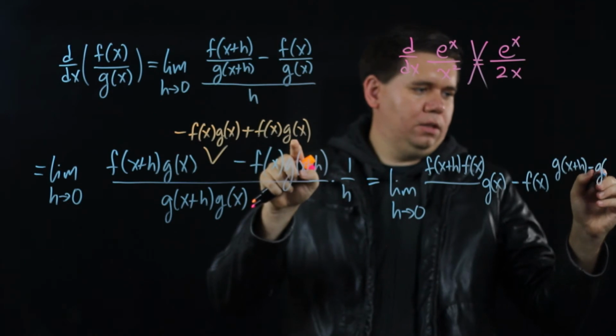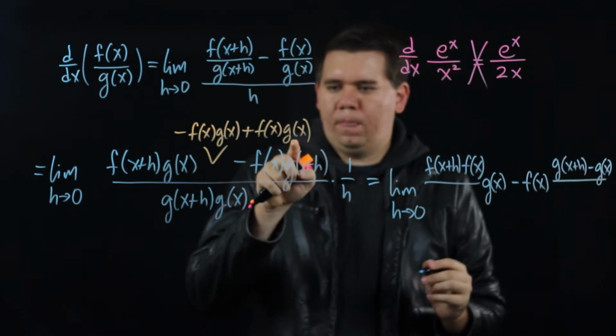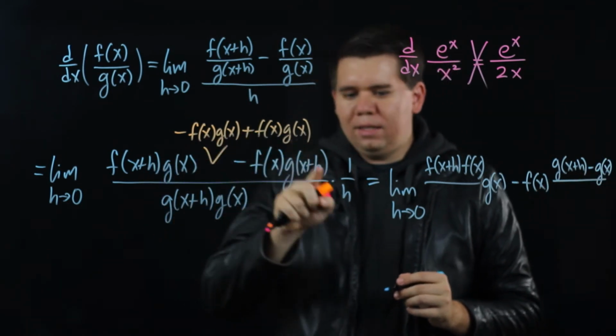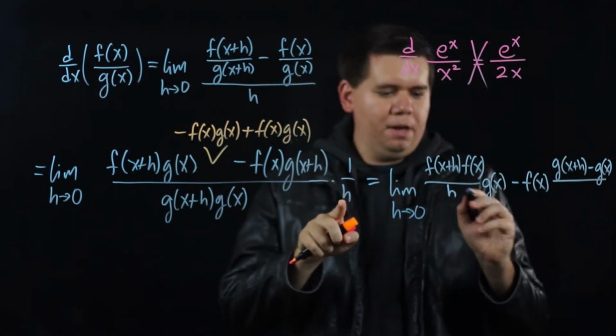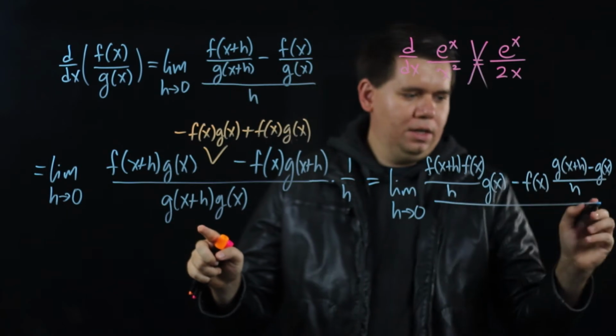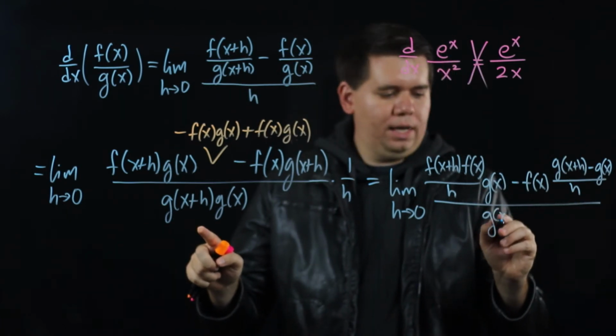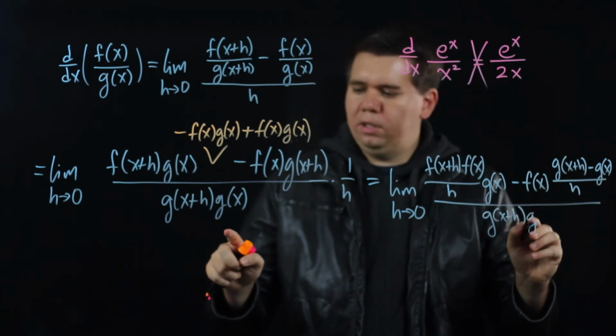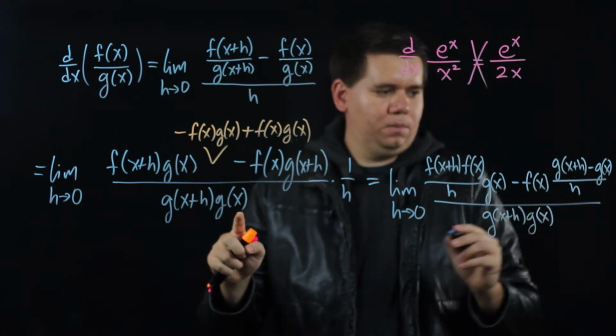So minus g of x. I then need to divide this all by an h. So let me divide both of these by h's. And then divide the whole thing here by my g of x plus h times my g of x.